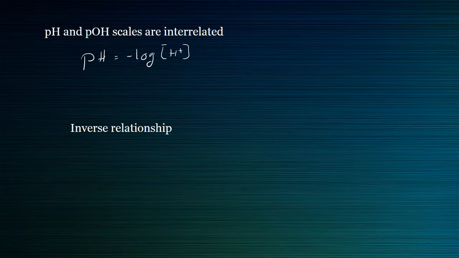So now we're coming back to the pH and pOH scales. They are interrelated. And these are calculations we've talked about before. So remember, to find your pH, you're going to do the negative log of your hydrogen ion concentration. Well, pOH is going to be the negative log of your hydroxide ion concentration.